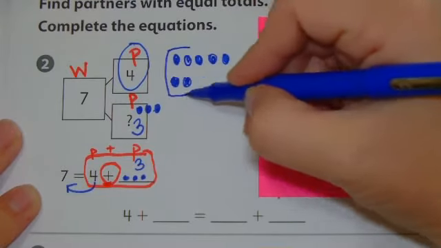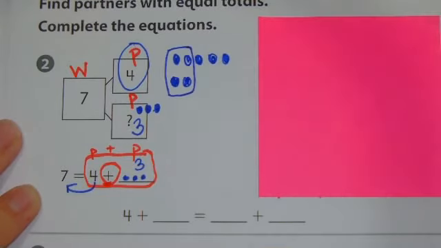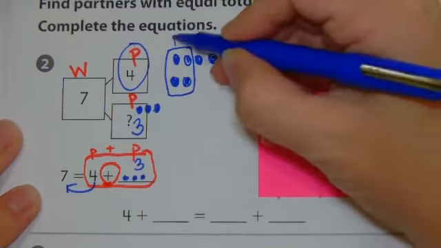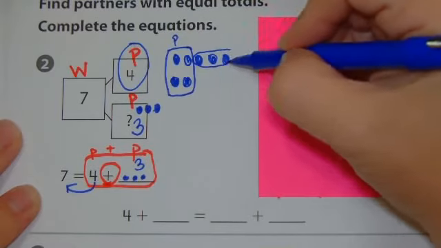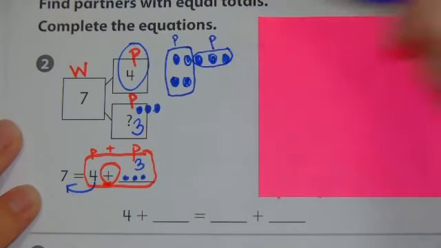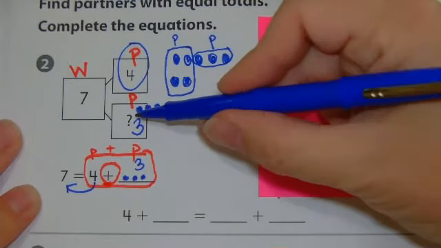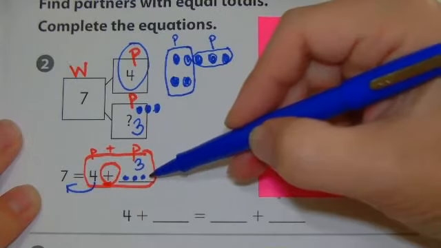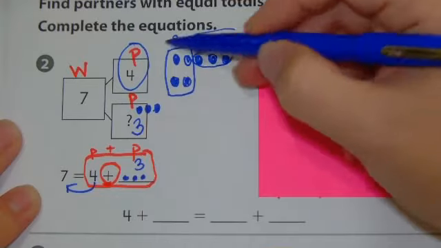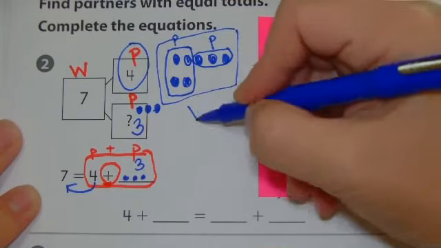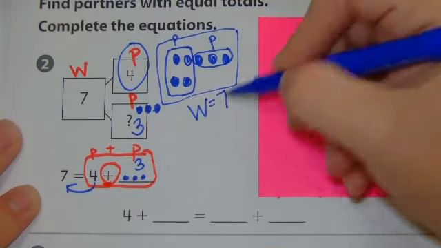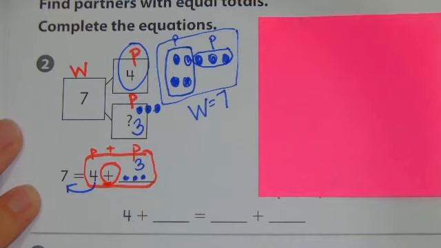And if 4 was my part, I could circle 4. It doesn't matter which 4. So 4 is a part, and 3 is a part, right? So those match, right? 4 and 3 are parts. If we put them all together, that is the whole, which is 7, right?